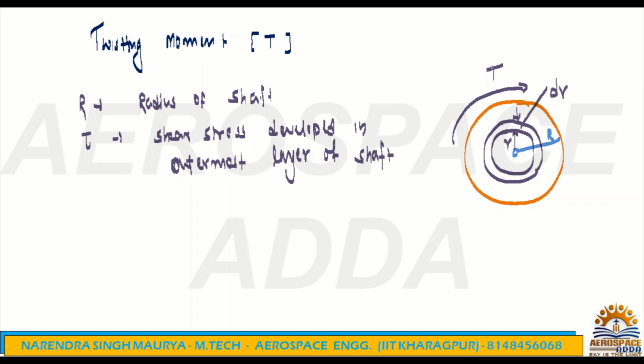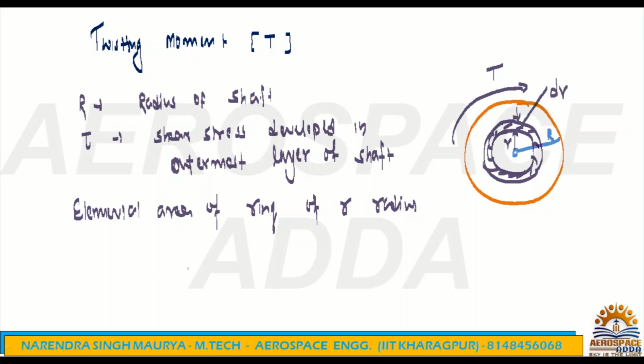And we have taken one element, and the thickness of this element is dr. Obviously we need to calculate the area of this element. So what will be the elemental area here? The elemental area of a ring of radius r, and thickness dr.